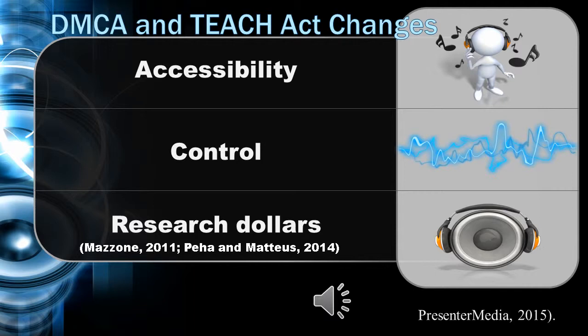Provide the tools that are developed primarily for educational purposes. I would suggest that the DMCA and TEACH Act put money behind their acts.